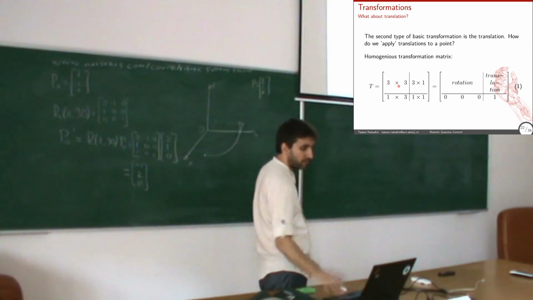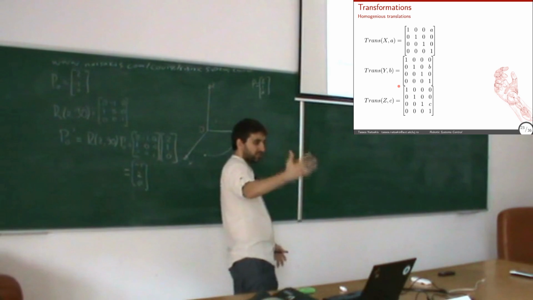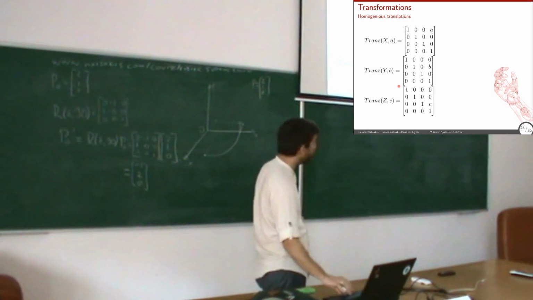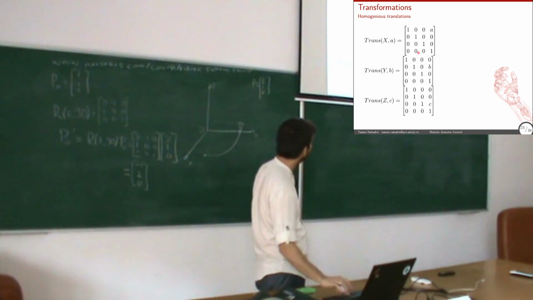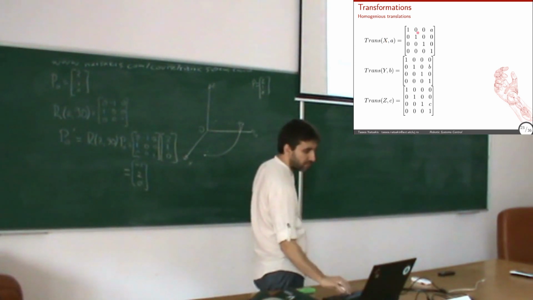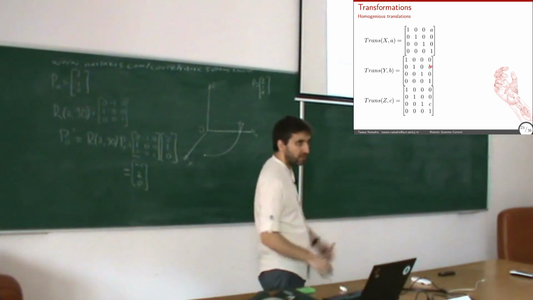So for homogeneous transformations, if I have just translation, no rotation, here you see the identity matrix. And then if I have translation on the x-axis, I have some value here on the first element, and 0, 0 in the other two. If I have translation on the y-axis, it's the second element.